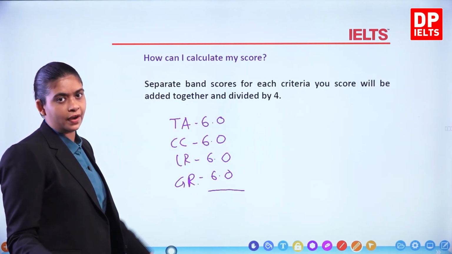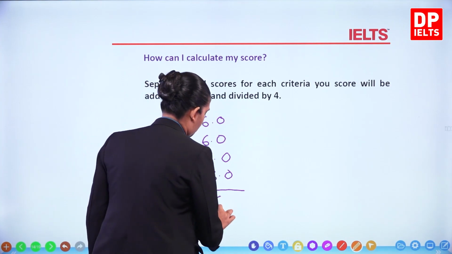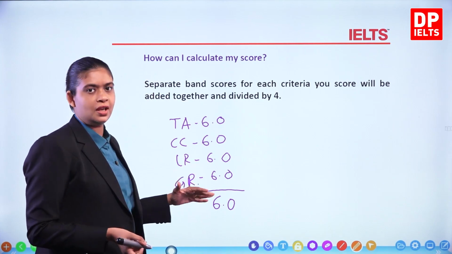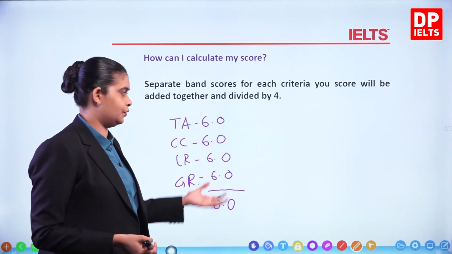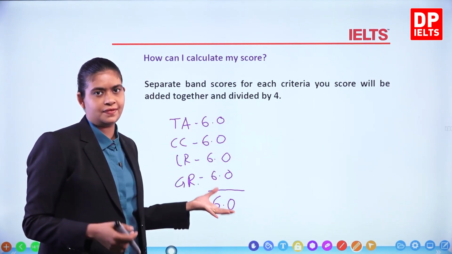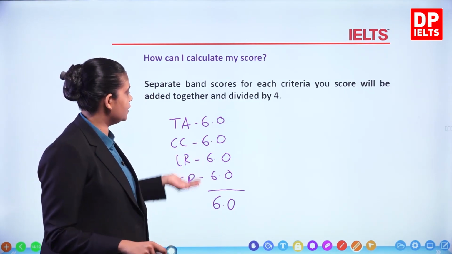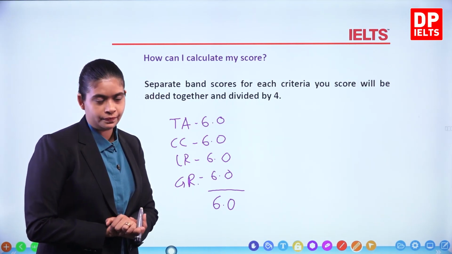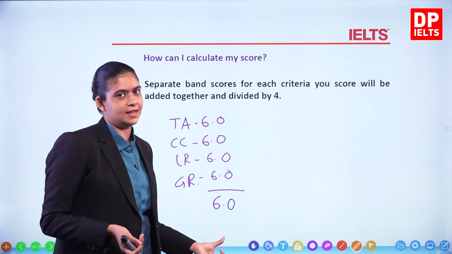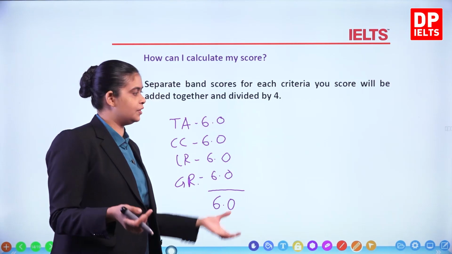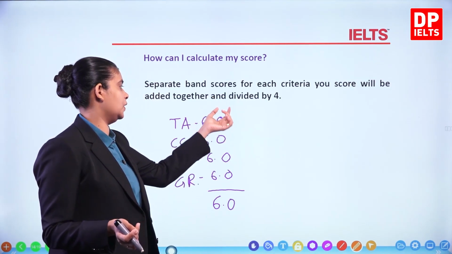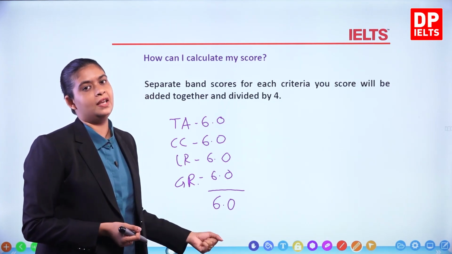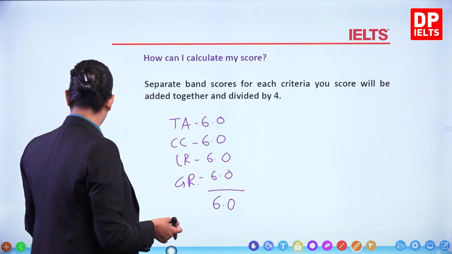So, 24 divided by 4, you get 6.0. Right? So, what you should understand is you could get anything for this, right? You could get a 5.5, 6, 6, 5.5, right? Whatever you get, they add it up and they divide it by 4, right? So, this is just an easy example I did, but actually in reality, you would say that someone gets 6.5, 6, 6, 6, right? Then they add it up and divide it by 4, right?